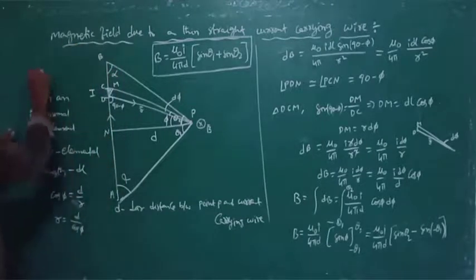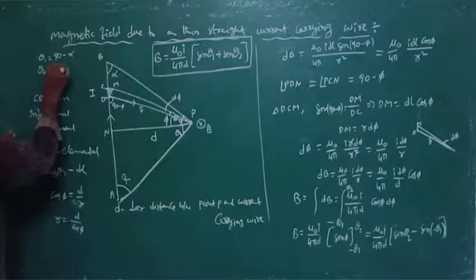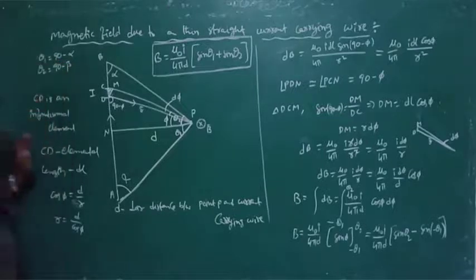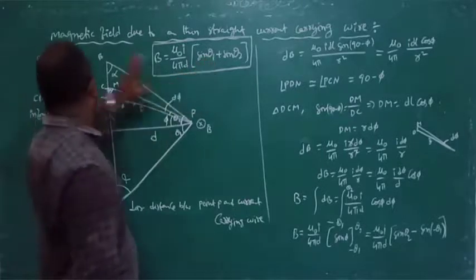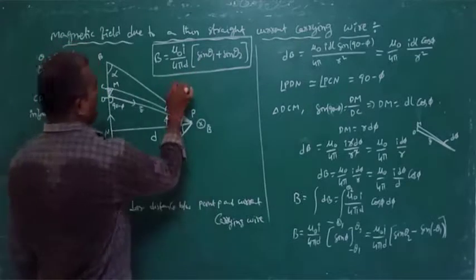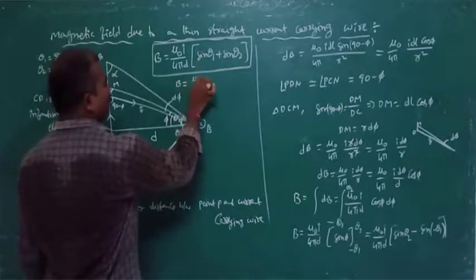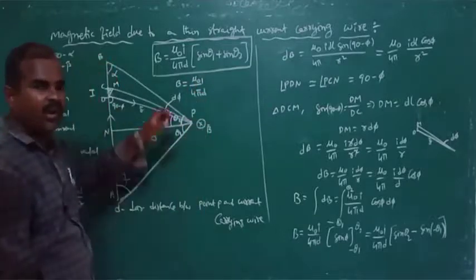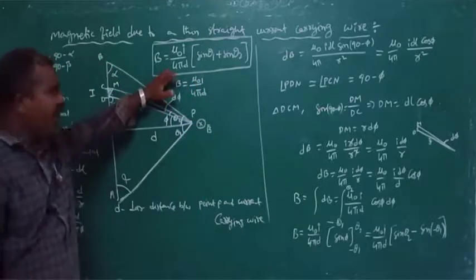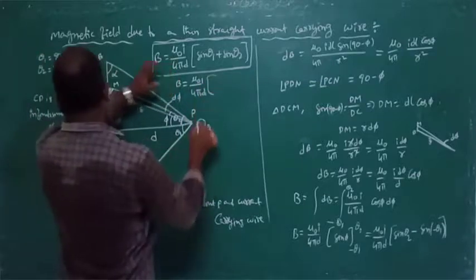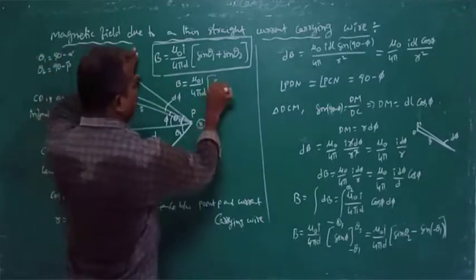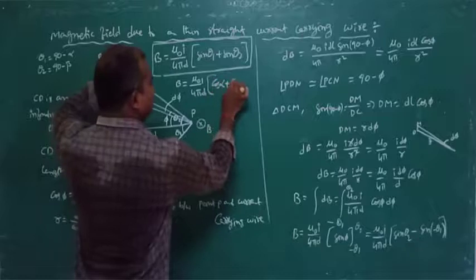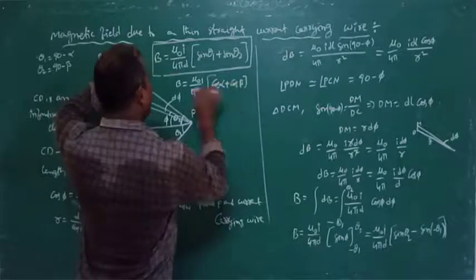Then theta 1 is 90 minus alpha and theta 2 is 90 minus beta. Substituting, B is mu naught I by 4 pi d into sin of 90 minus alpha, which means cos alpha, plus cos beta.